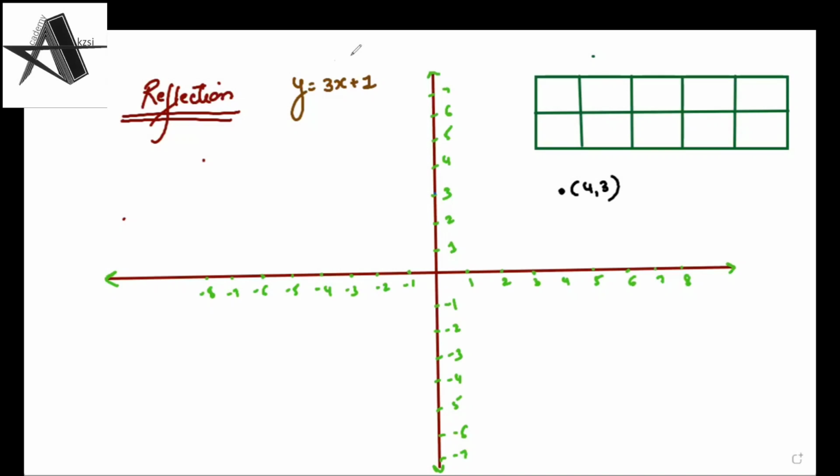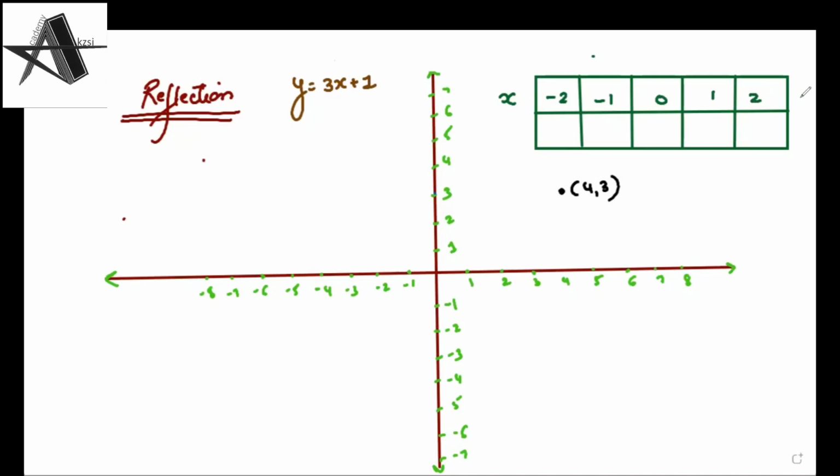Independency means it has no dependency on any other variable. So if x is independent, I can select any value of x. It's on me. I can choose 100, I can choose 50. The best is you can take these five numbers: -2, -1, 0, 1, 2.